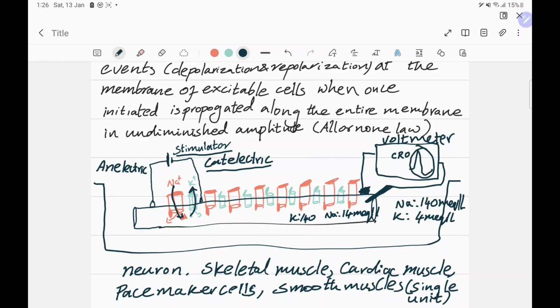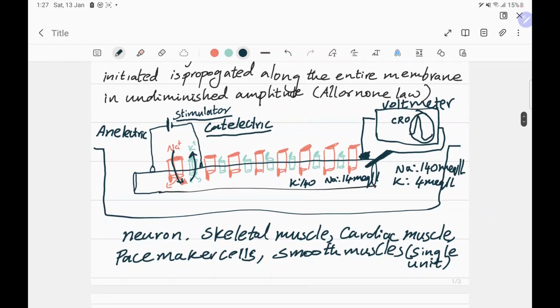The sodium gushes in and spreads and opens more and more sodium channels, and potassium channels open up because they are also exposed to the positivity in the cell, and potassium leaves the cell, making the cell negative. So let's go through the steps of what happens.